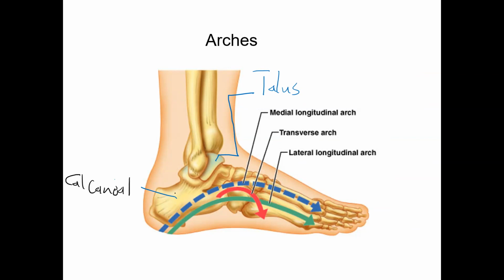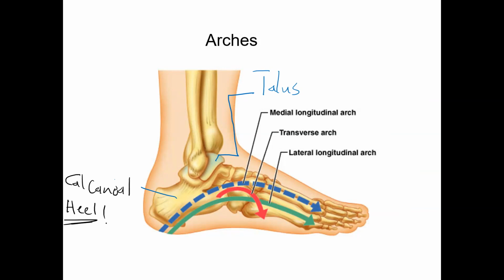Now the calcaneal bone makes up your heel, right? Calcaneal equals heel. So this, of course, is when you rock back, you're rocking back onto your heel. Your heel, of course, you see how big and heavy this bone is? It is once again because the weight of your body is sitting on your heel, okay?